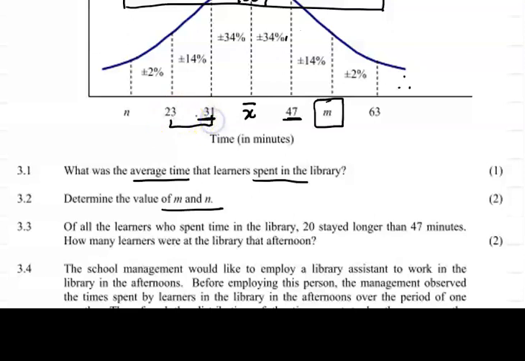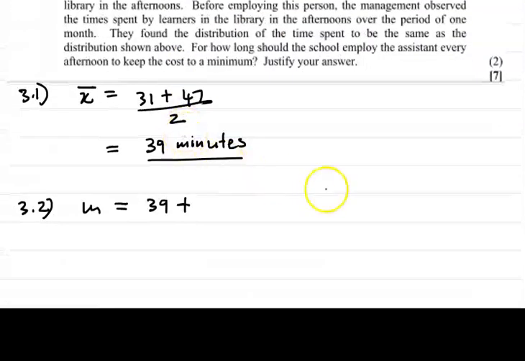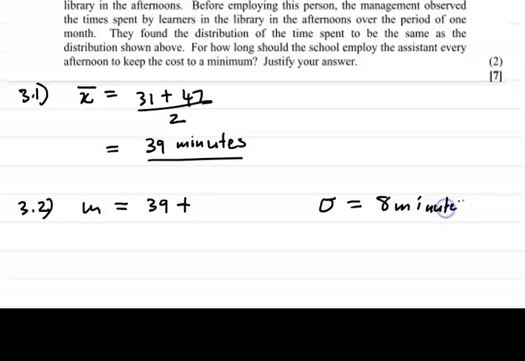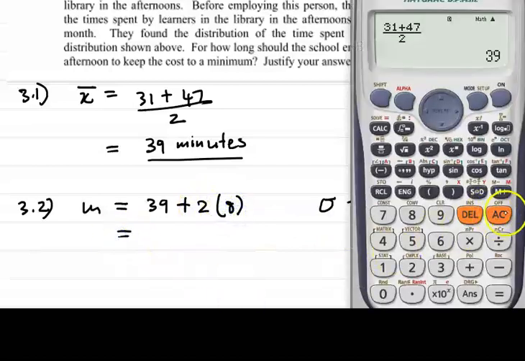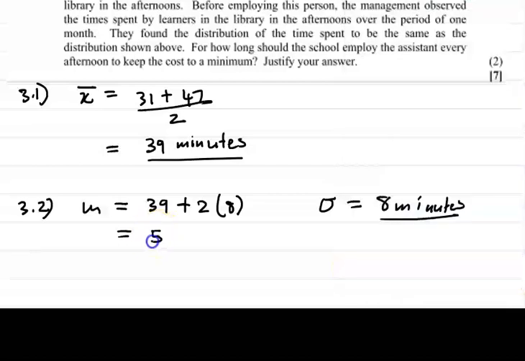We can work out the distance: 31 minus 23 is 8 minutes. So the standard deviation is 8 minutes. So 39 plus 2 times 8 is equal to 55 minutes.